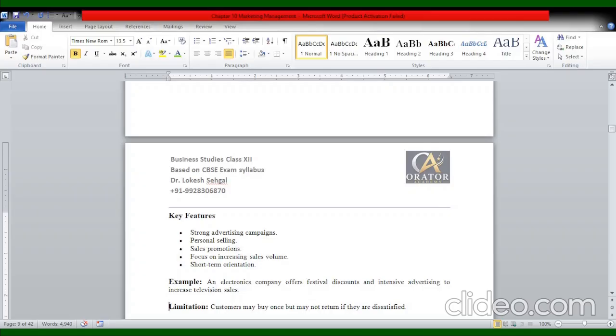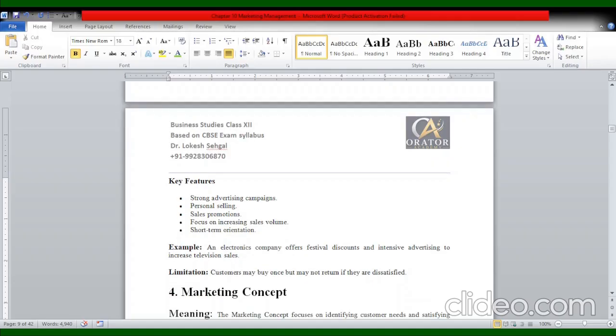For example, an electronics company offers festival discounts or intensive advertising to increase television sales. This concept has one limitation: a customer may buy once but may not return if they are dissatisfied, right?